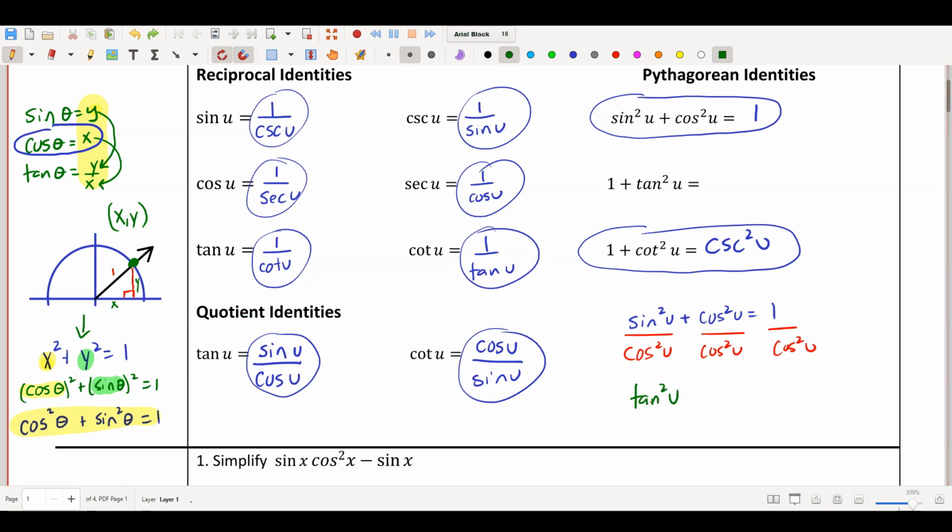Cosine squared over cosine squared is 1. And then over here, 1 over cosine squared is equal to secant squared. So then our last one up here to fill in, 1 plus the tangent squared of an angle, is equal to secant squared.